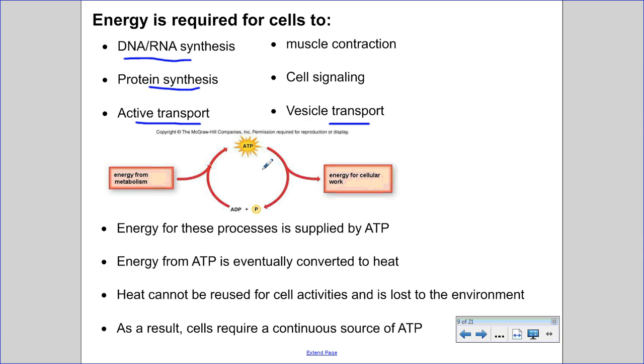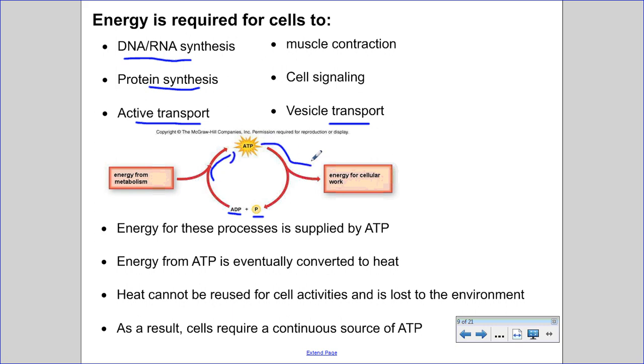So the use of ATP is circular in a manner, or cyclical as well. That energy from metabolism, or that process of cellular respiration, will take ADP and that phosphate group and join them together to create ATP.